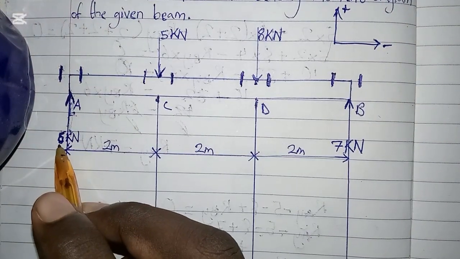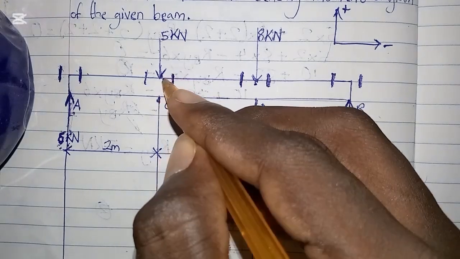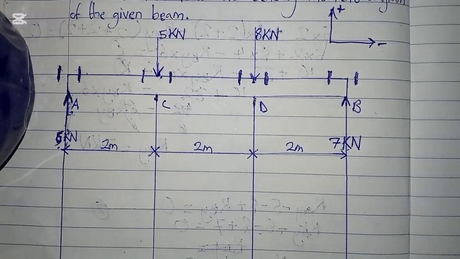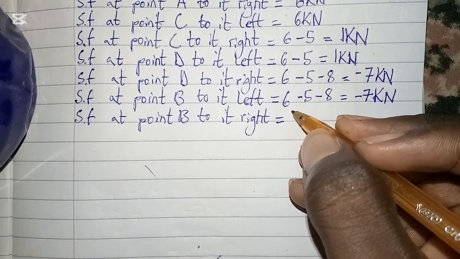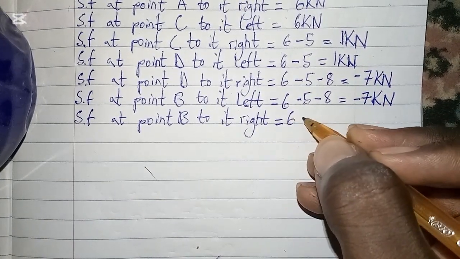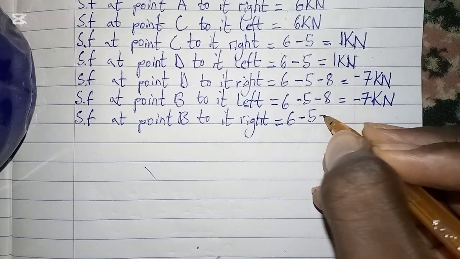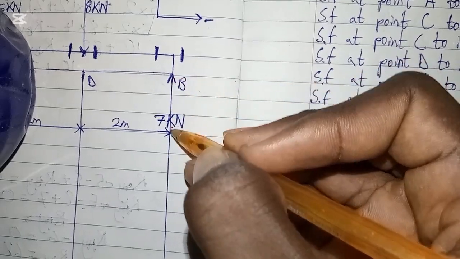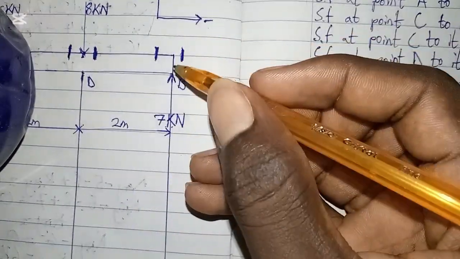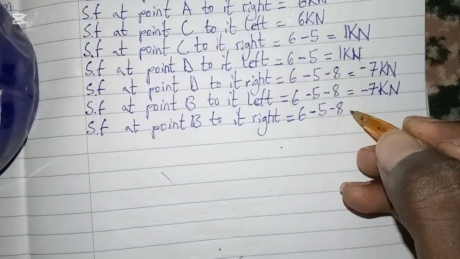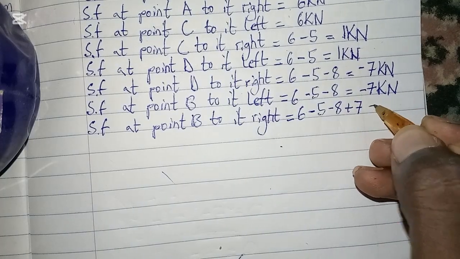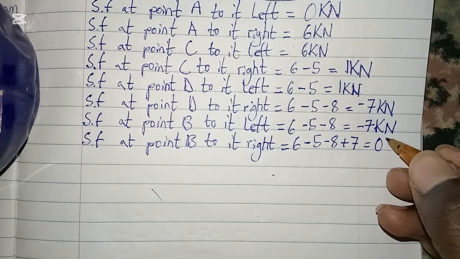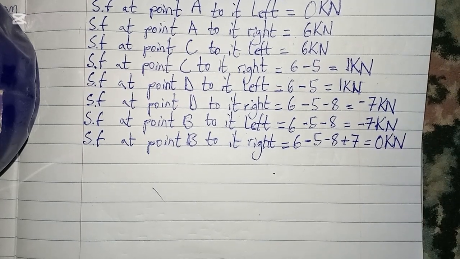So positive 6, negative 5, negative 8, and positive 7, because this force is going upwards, which means it's positive. So positive 7 will give you 0 kilonewton. Right, that's it.